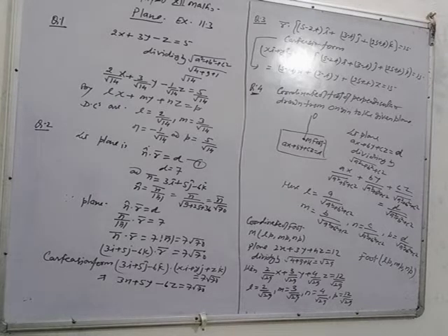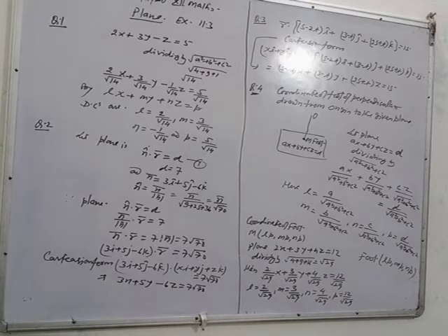So a square plus b square plus c square under the root gives root 14. After dividing by root 14, the coefficients of x, y and z become the DCs of the normal. Before dividing, the coefficients are DRs; after dividing, they become DCs of the normal.